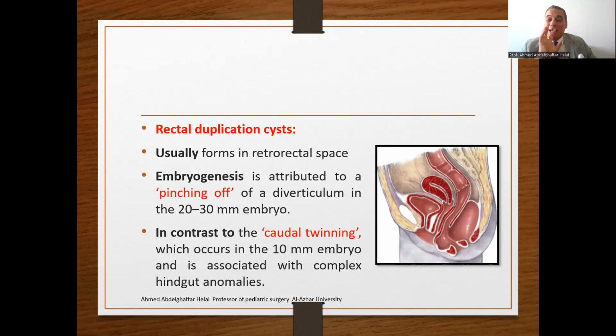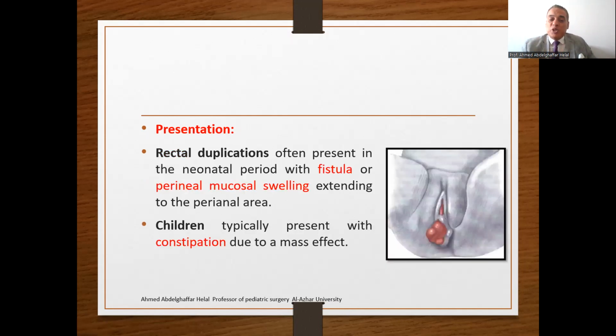So an isolated rectal duplication cyst is considered as a pinching off diverticulum, not caudal twinning, which is reported to be associated with complex hindgut anomalies.